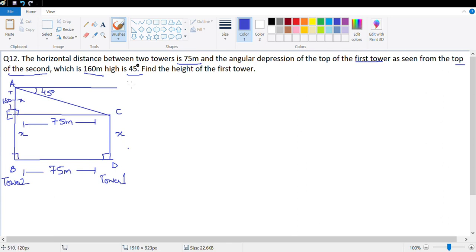We just did a question like this in the first video. Good. Let's look at whatever we've done. Number one, quadrilateral BDCE is a rectangle, which means BD is equal to CE is equal to 75 meter.